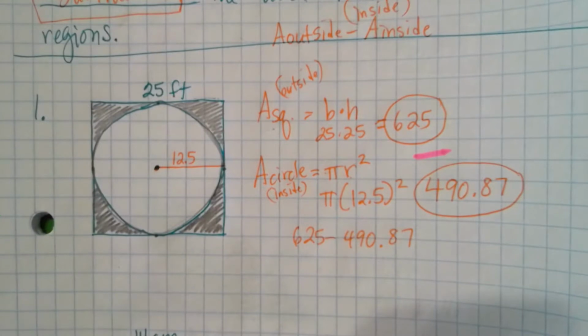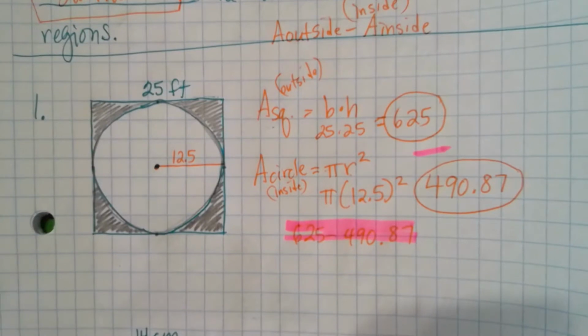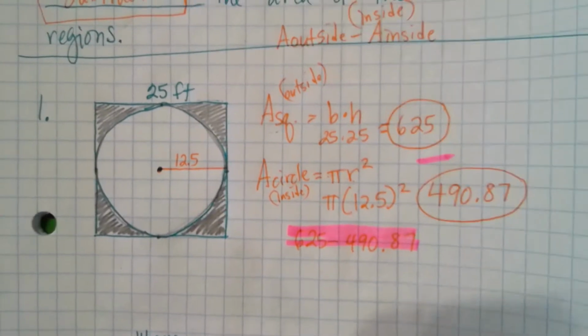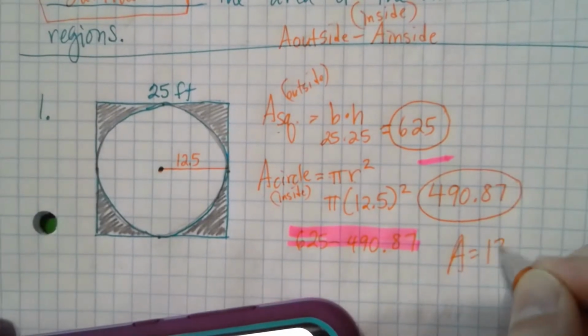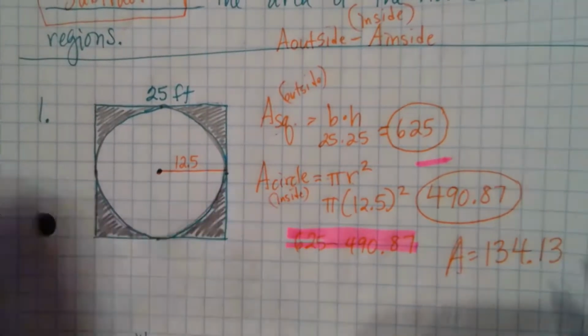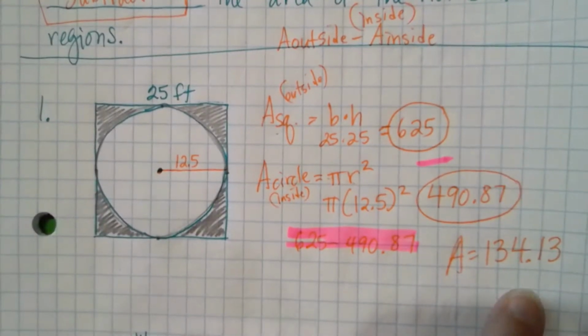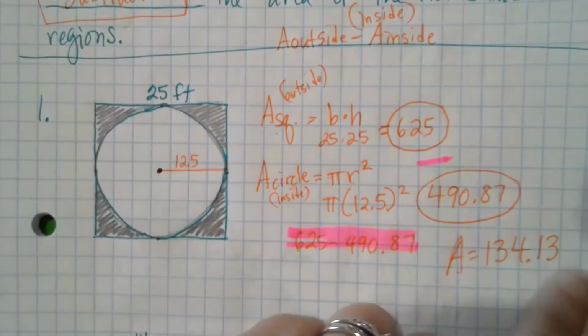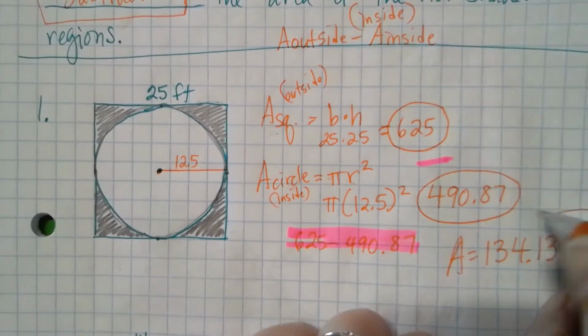From henceforth and forevermore, I will just do that part on my calculator. So 625 take away 490.87 leaves me with an area of 134.13. What's our label for this? The numbers are in feet, so feet squared.